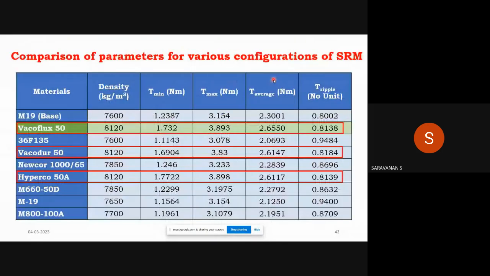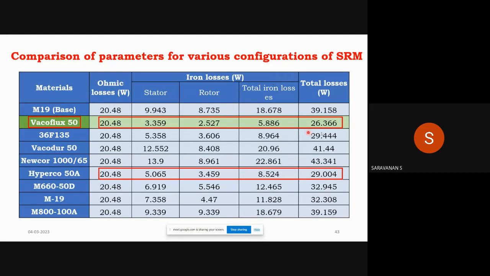Here you can see these three materials gave minimal losses. Among these, Walker-Flux 50 performed well. So you can take a machine configuration with Walker-Flux 50 material for the further analysis.